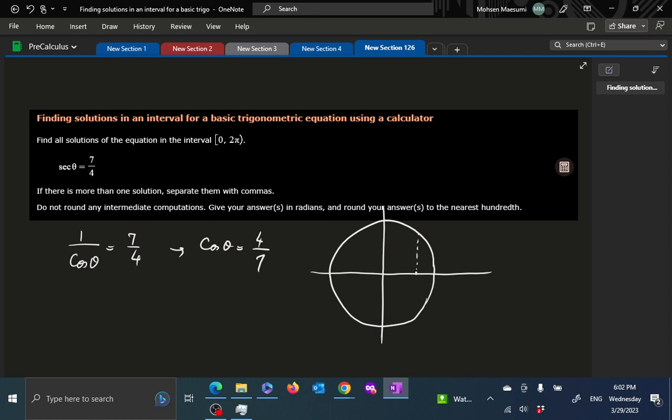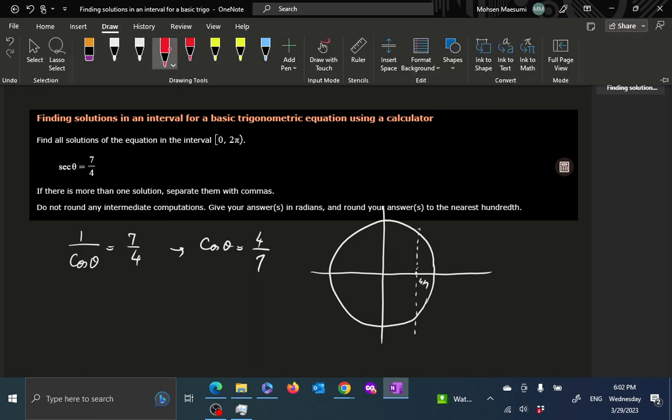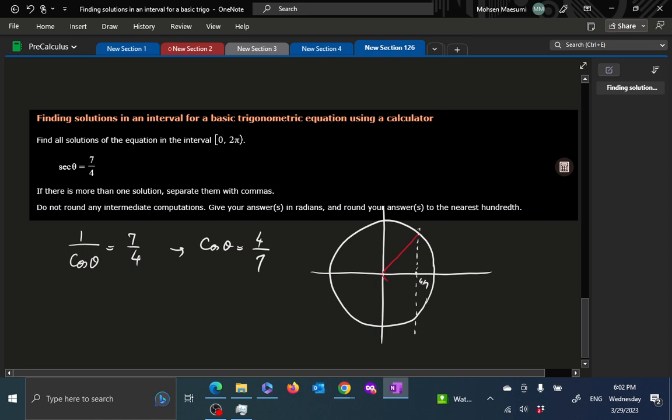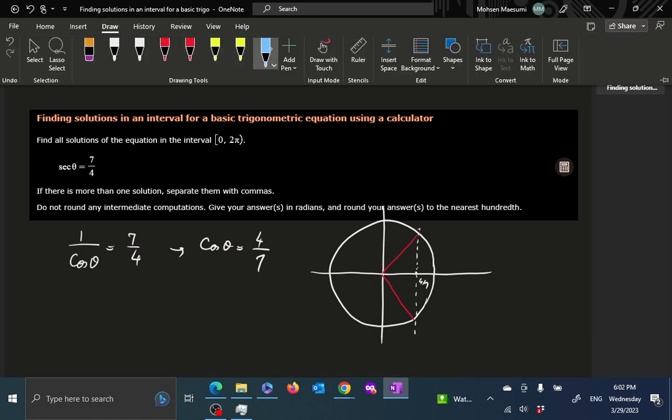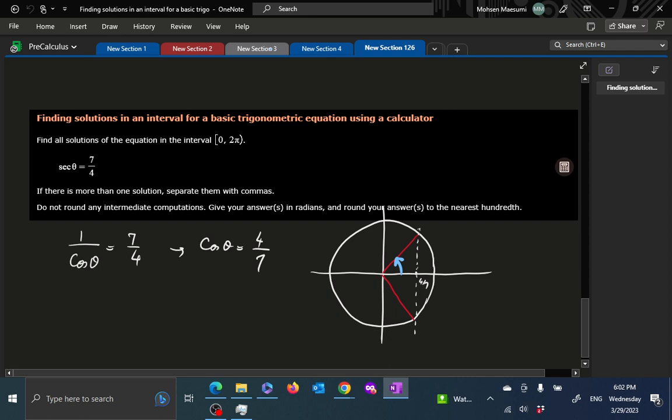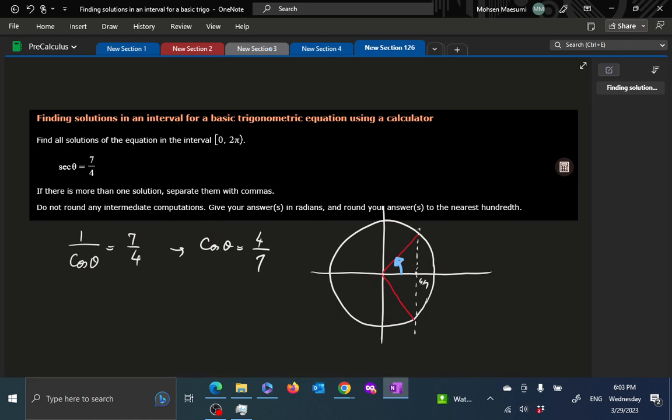For some reason I got it on the wrong side. We have two angles. Angle 1, the calculator is going to give you this, and it is just good as it is.